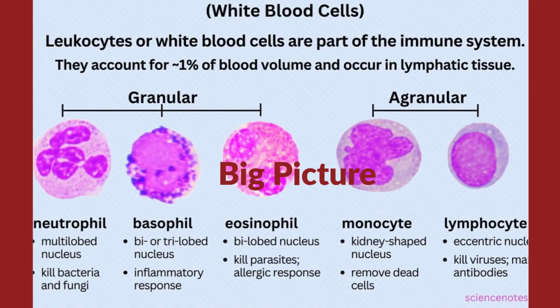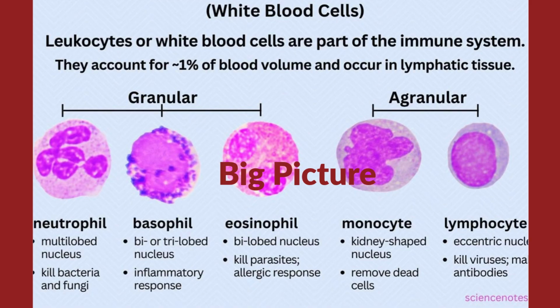So we're going to review the big picture. White blood cells protect the body from infection, inflammation, and foreign invaders. Their functions are host defense, inflammation, immune regulation, and phagocytosis.